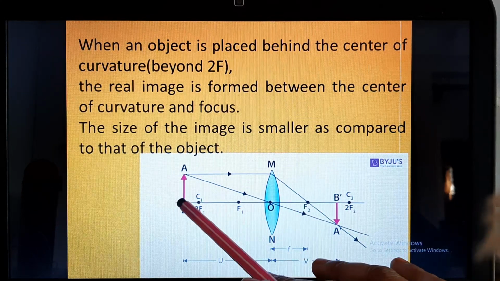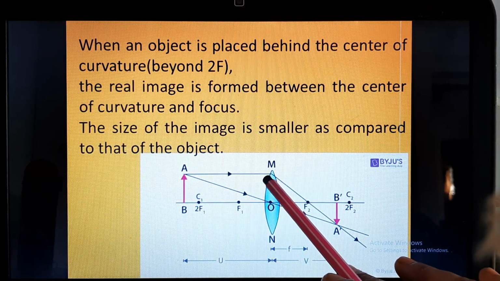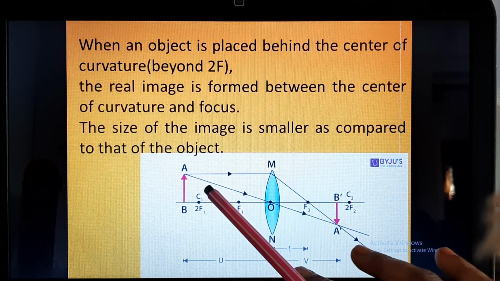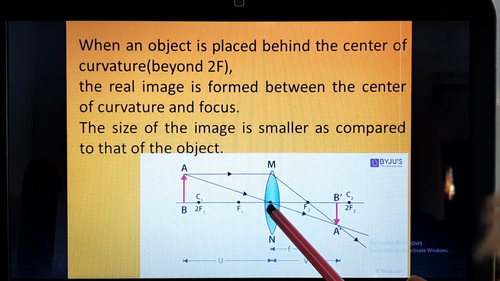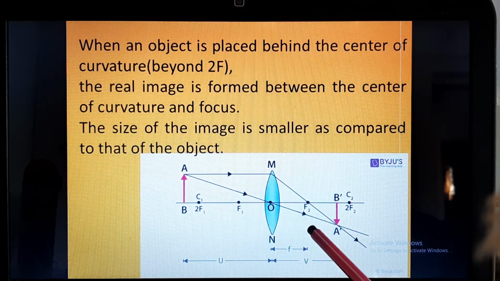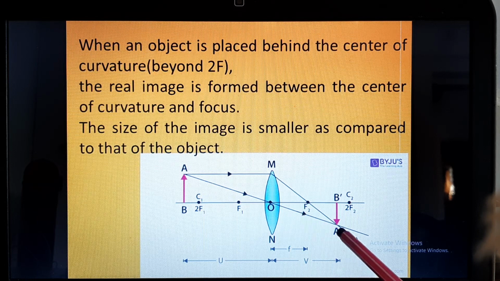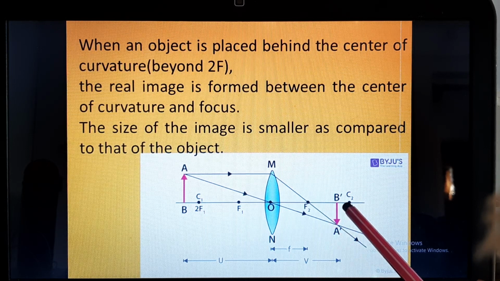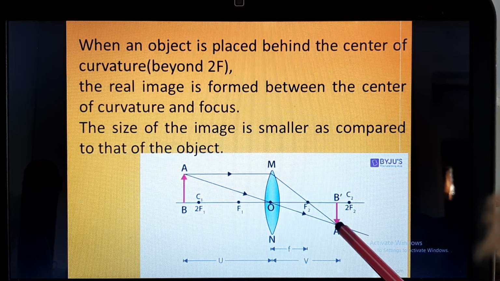Here you can see this is the object. Light is falling on the lens, refracting, converging. At this point O, the light will neither converge nor diverge. Here they meet, and therefore the image is real because they are actually meeting. It is inverted and the size is smaller.